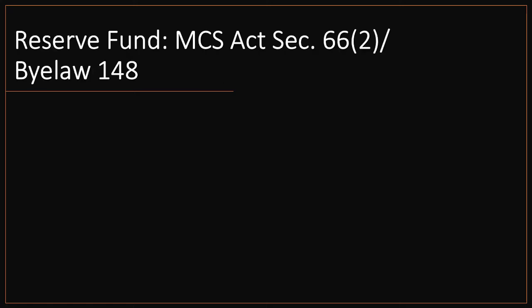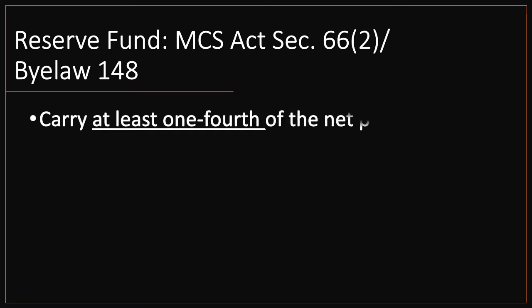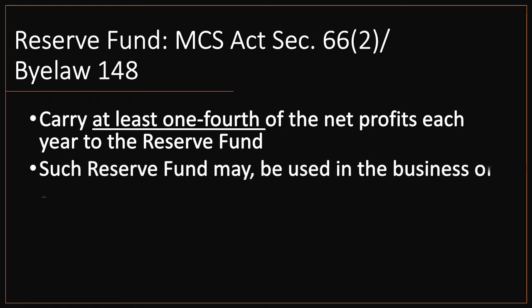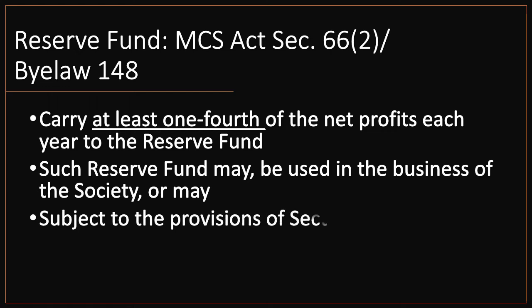Let's take a look at the reserve fund. Once again, we refer to the MCS Act, Section 62, Bracket 2 and Bylaw 148 in our society bylaws. So you should carry at least 1/4 of the net profits each year to the reserve fund. And such a reserve fund may be used for the business of the society, and it may also be invested as is allowed under Section 70 of the MCS Act.